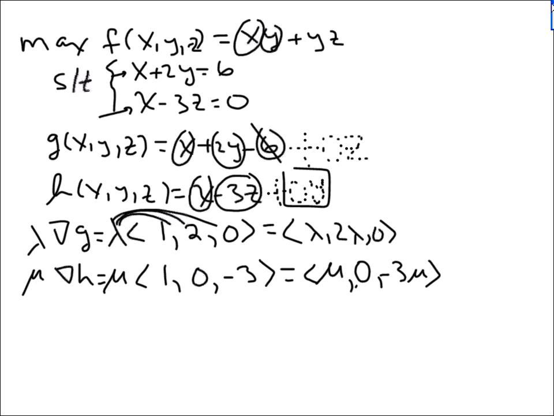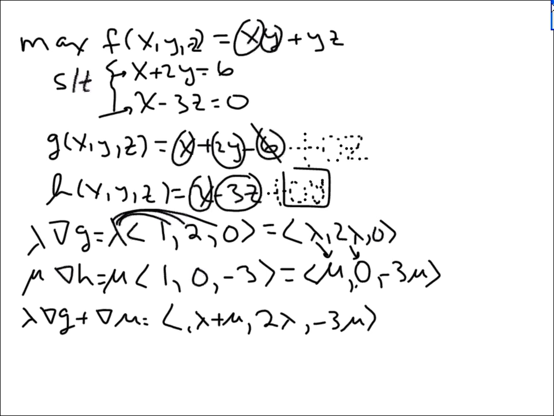Now we want to add up these gradients that came from the constraints. You add them up component-wise. First components: lambda i plus mu i, 2 lambda j plus 0j.